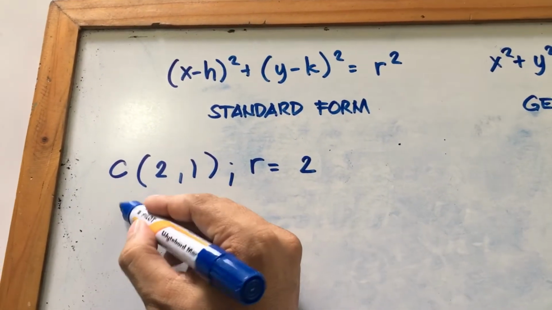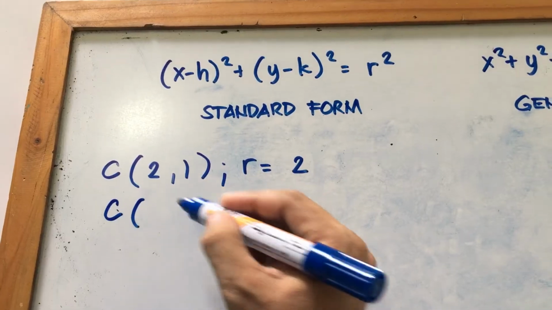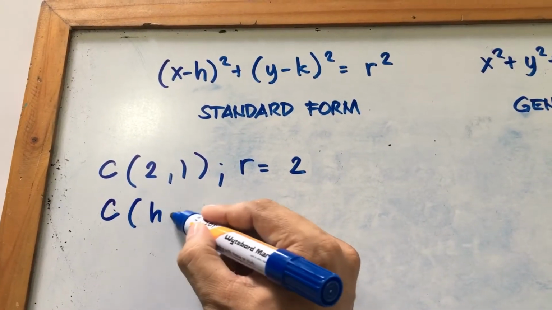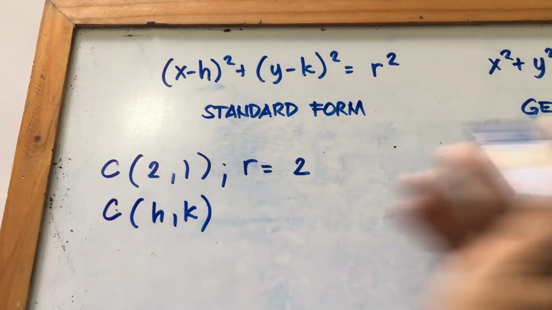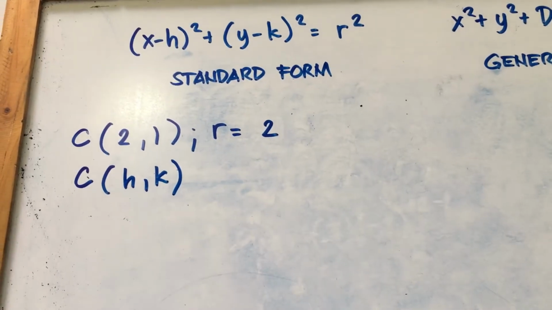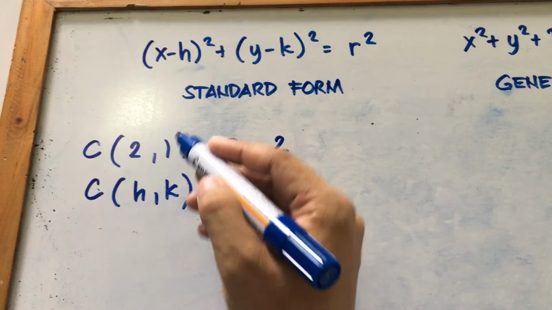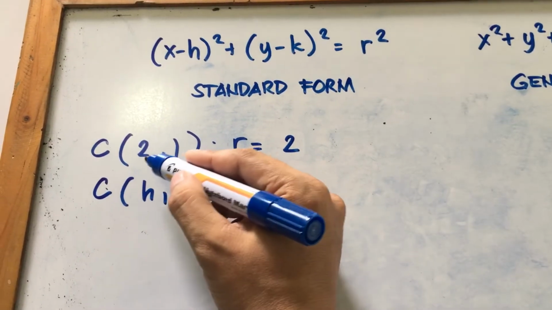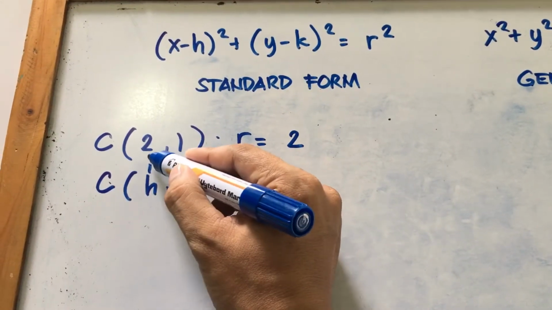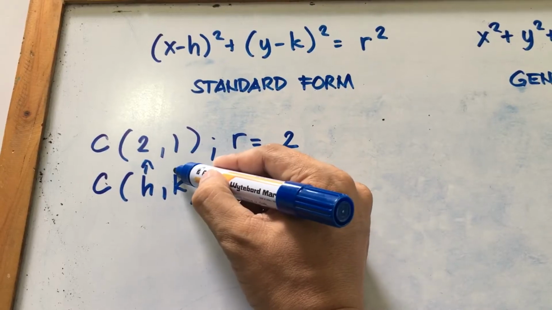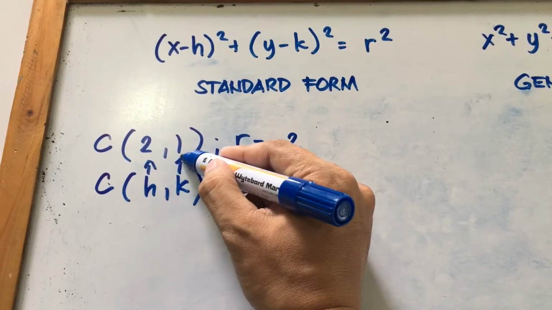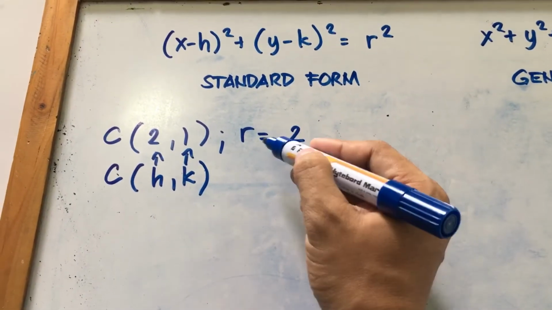In circles, the center of the circle is indicated with the variables (h, k). So the value of your h in the given example is equal to 2, while the value of your k is equal to 1, and the radius is 2.